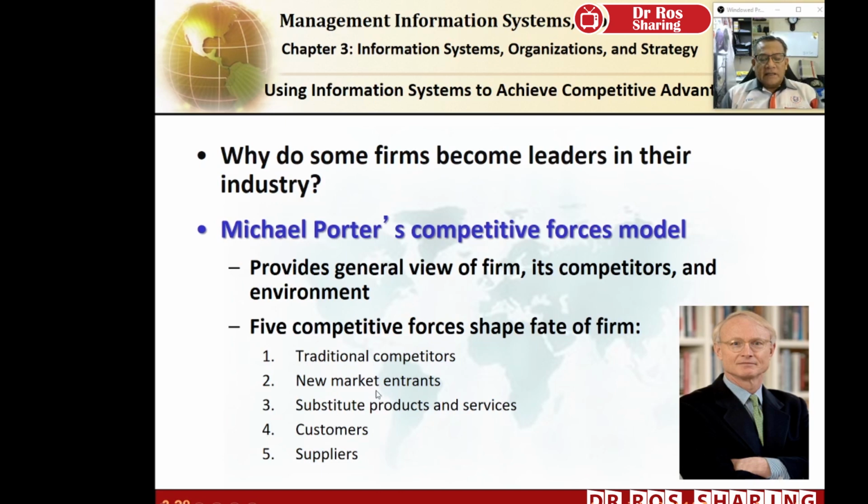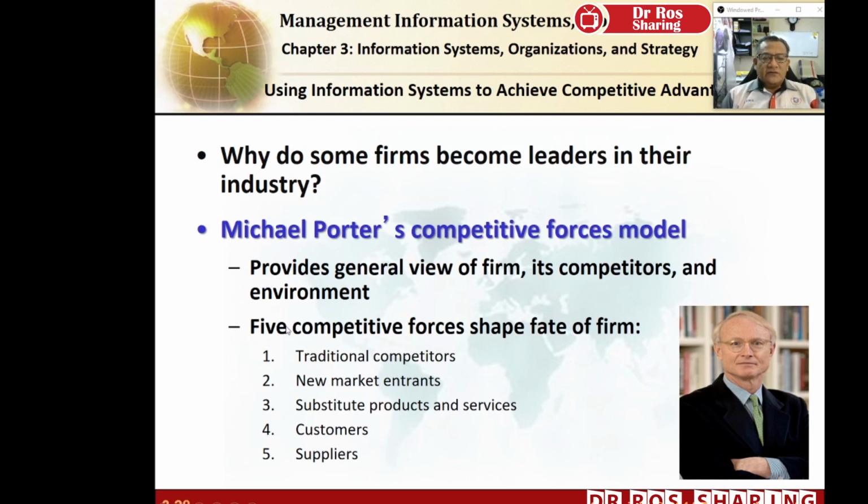Under this proposal, there are five strong forces that shape the company, in our discussion with respect to IT information systems. One, the company's traditional competitors. Second, new market entrants. Third, substitute products and services produced by the company. Fourth, customers, and fifth, suppliers.